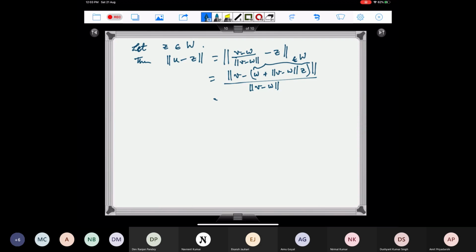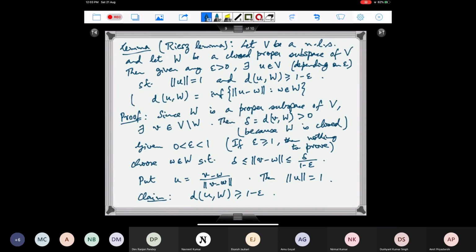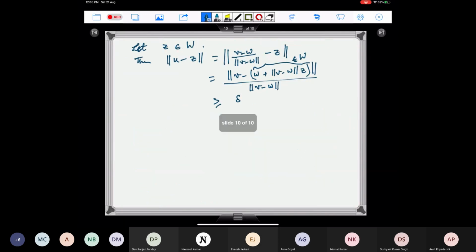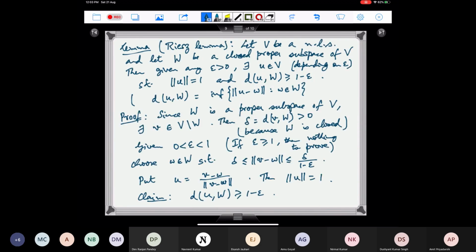The numerator is bigger than or equal to delta, right? Because delta was the distance of v to W, and the numerator is v minus a vector in W. So that is bigger than or equal to delta. And the denominator, norm v minus w, we saw is less than or equal to delta by 1 minus epsilon. So 1 by norm v minus w will be bigger than or equal to 1 minus epsilon by delta.